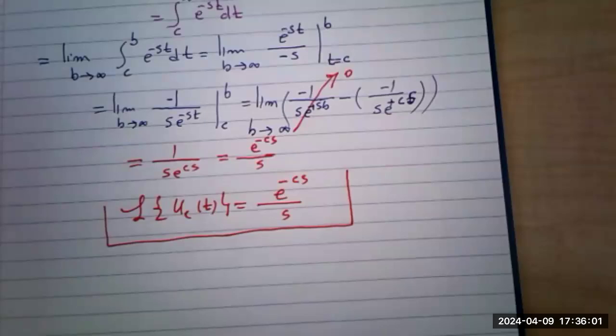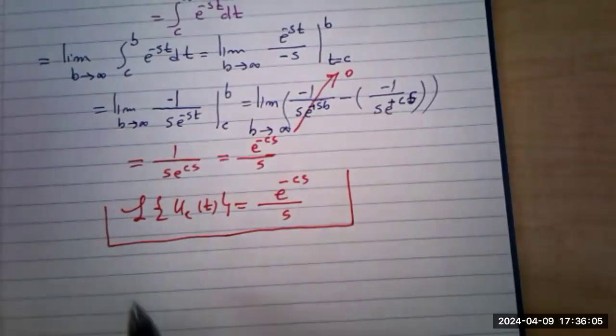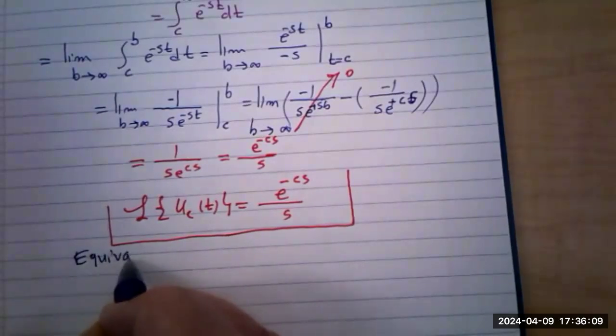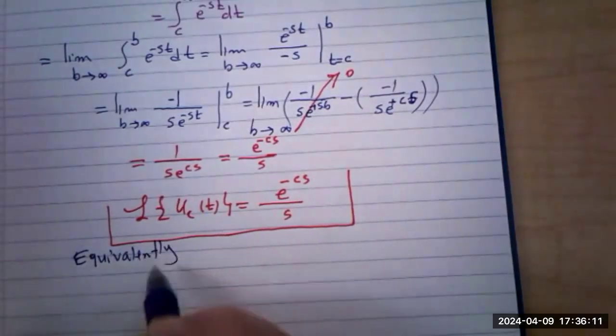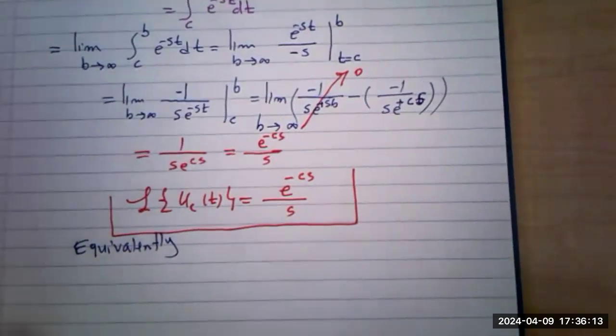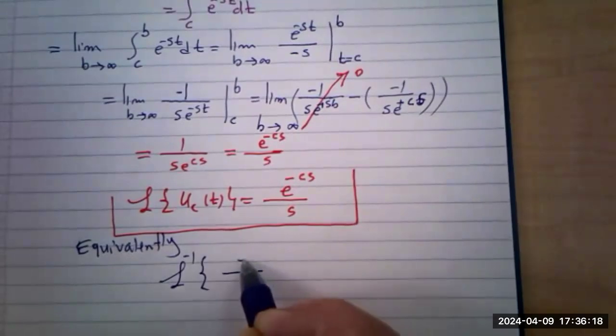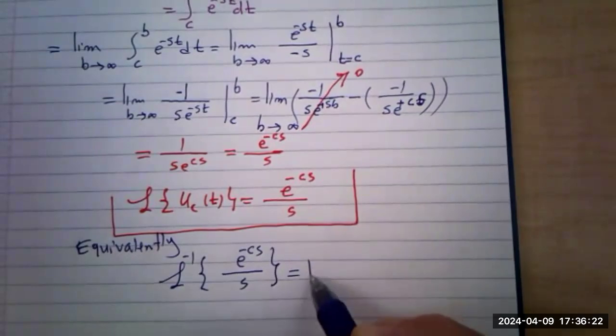Very popular, especially the other way around, the Laplace inverse. So equivalently, the Laplace inverse of e to the negative cs over s is going to be u_c(t).